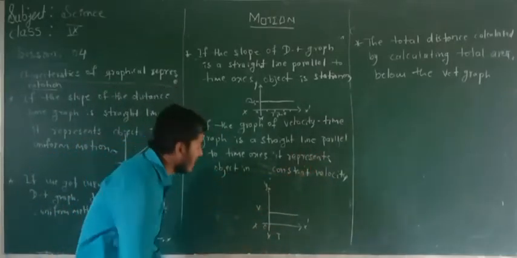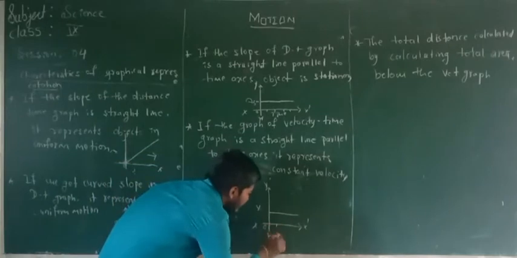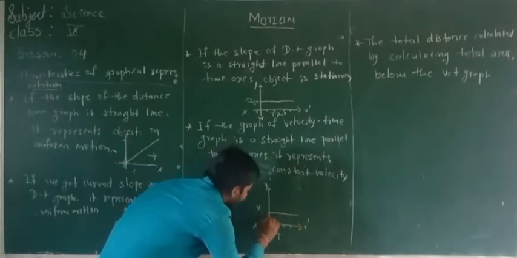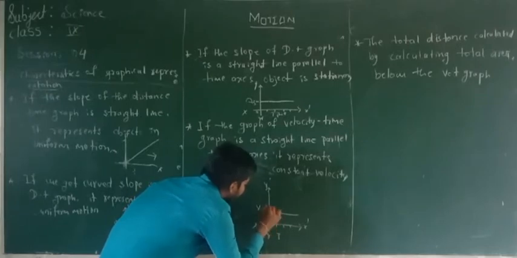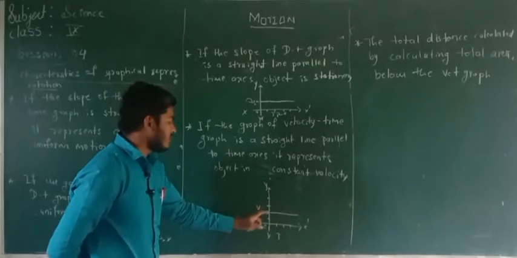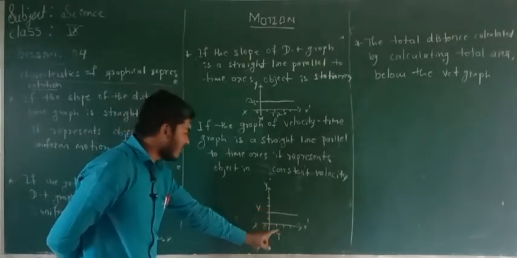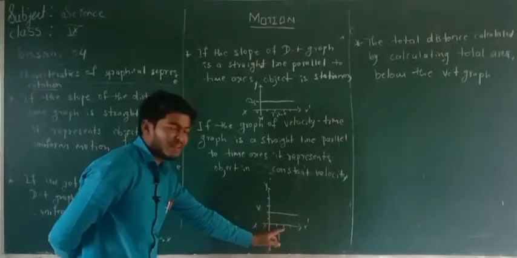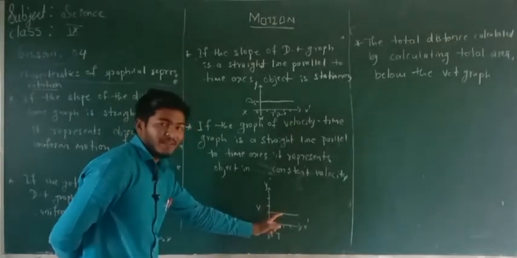Why? Because imagine here, this is the time: 1 second, 2 seconds, 3 seconds. This is the velocity: 5 meters per second, 10, 20, 30. At 0 seconds, it has a velocity of 10 meters per second. After 1 second also 10 meters per second. After 2 seconds also 10 meters per second.